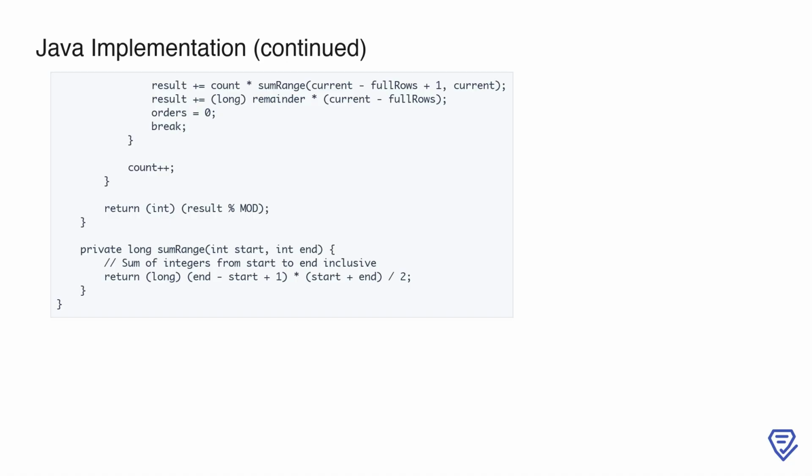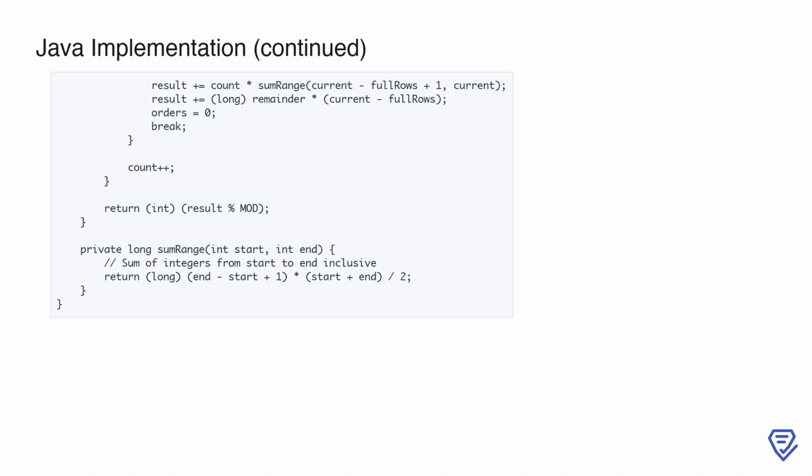To handle this, we first calculate the profit from the full rows using SumRange and add it to the result. Then, the profit from the remaining balls is computed by multiplying the remainder with the value of the next level after the full rows. At this point, all orders are fulfilled, so we set orders to 0 and break out of the loop.